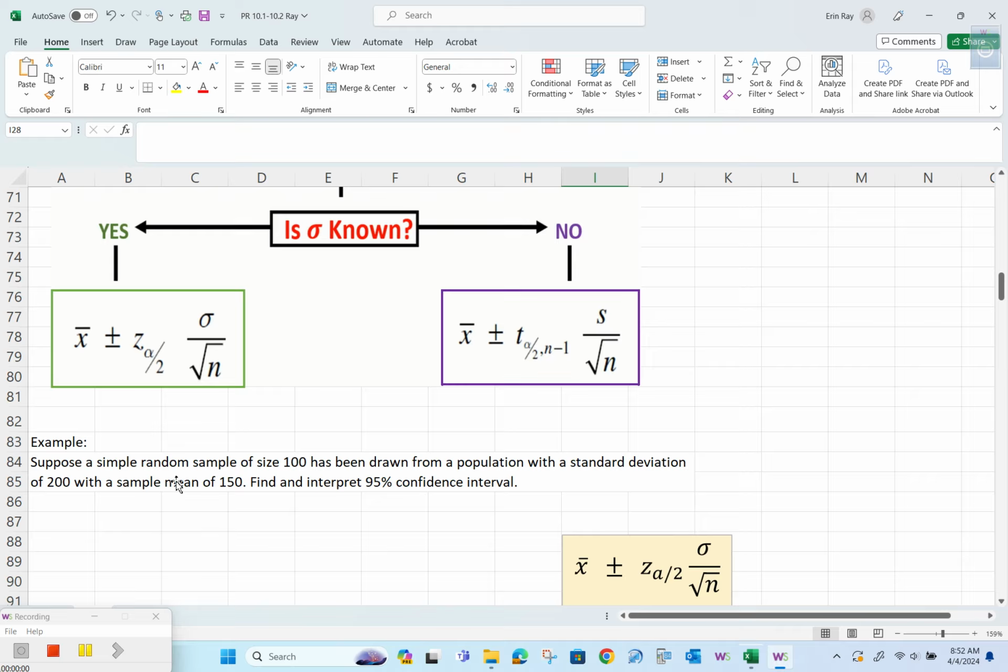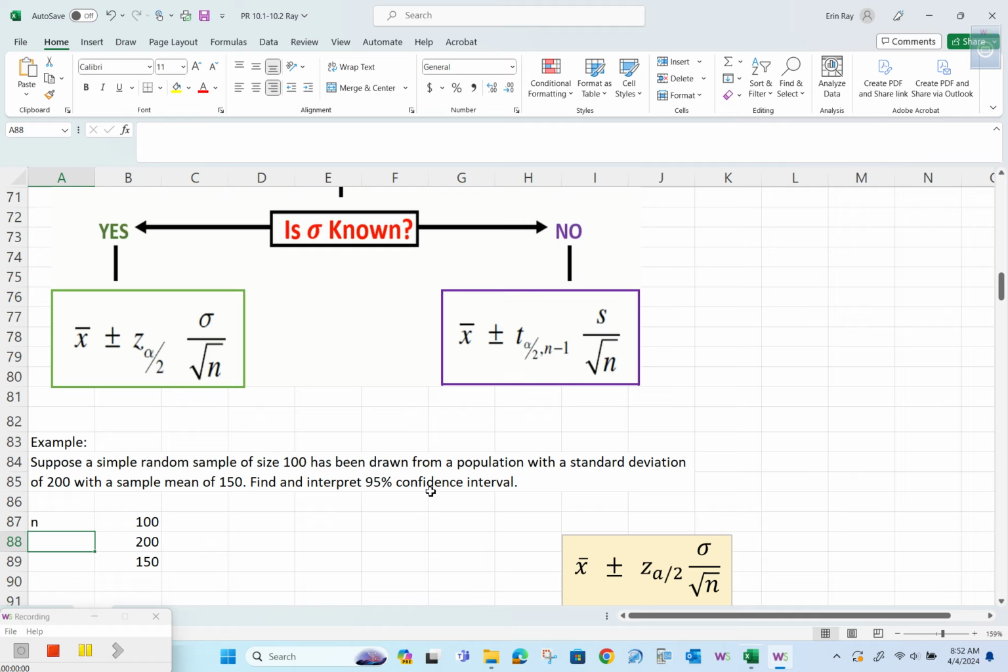So this first example, it says, suppose a simple random sample of size 100 has been drawn from a population. Okay, size 100 tells us two things. That is the n value, 100, and that because it's larger than 30, we have a normal distribution. Then it says we have a standard deviation of 200 and a sample mean of 150. Okay, so we've got this 200 and we've got 150, and we want to be careful with our symbols so we know exactly what they relate to in terms of this formula.